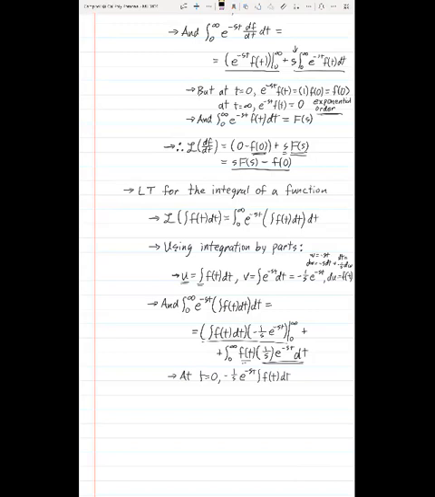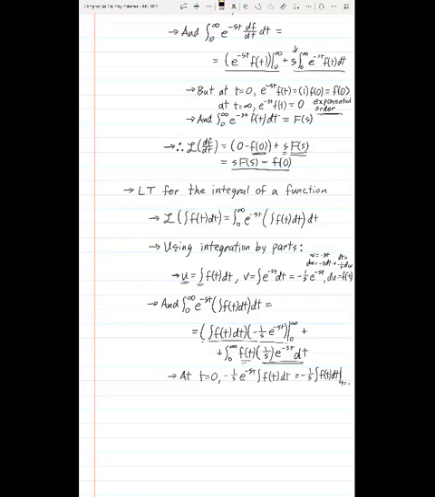And so what do we get? Well, this e to the negative st is just going to be a 1. And so then we're simply left with negative 1 over s times the integral of f of t dt evaluated at t equals 0.